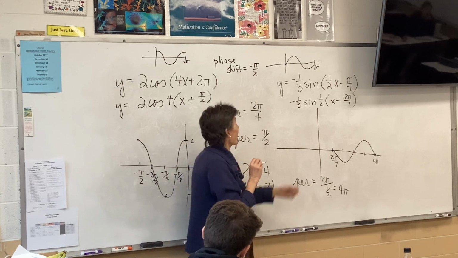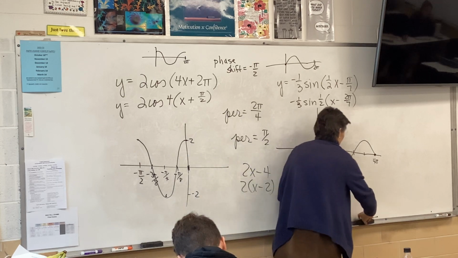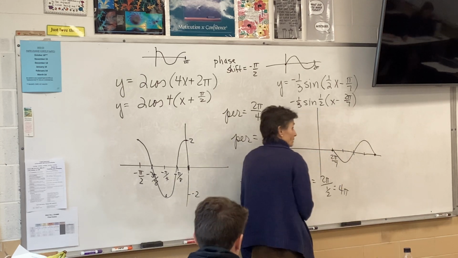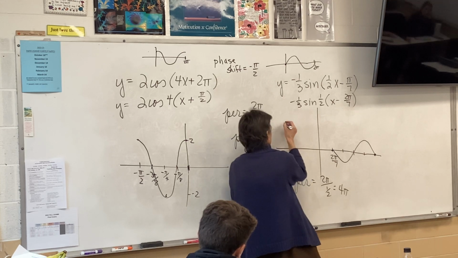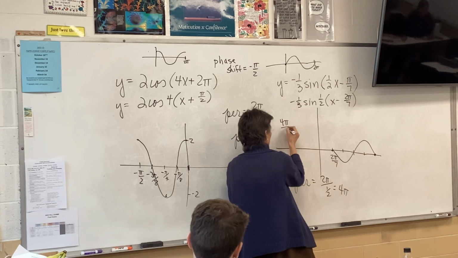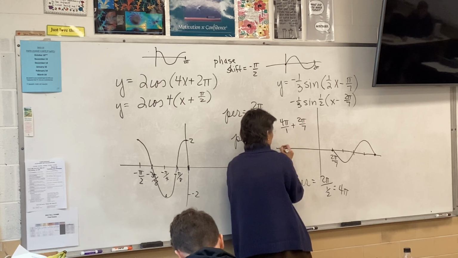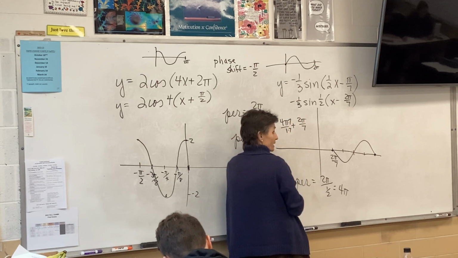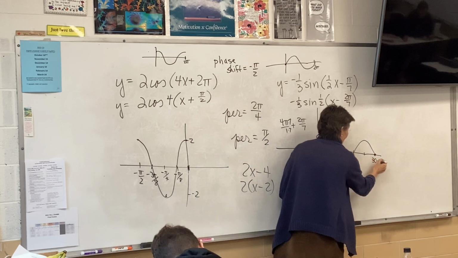I can do that if I start at the origin. How am I gonna find that end point? Add it to 2 pi over 7. So 4 pi over 1 plus 2 pi over 7. Get a common denominator. It looks like that'll be 30 pi over 7.